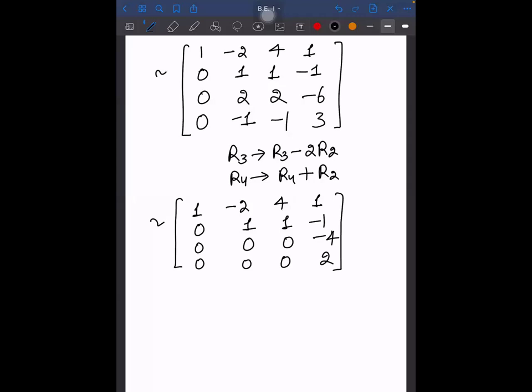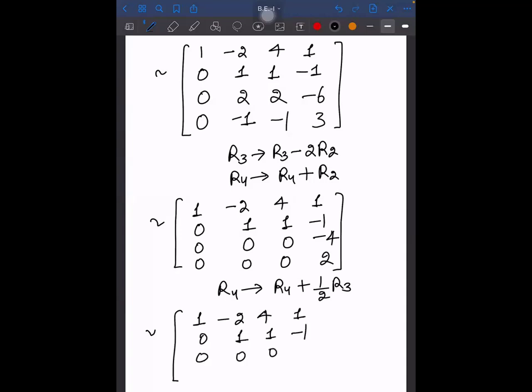So now you know that these two are sort of similar and one can be discarded. So simply operate R4 plus half times R3. And this will be 1, -2, 4, 1; 0, 1, 1, -1; 0, 0, 0, -4; and 0, 0, 0, 0.